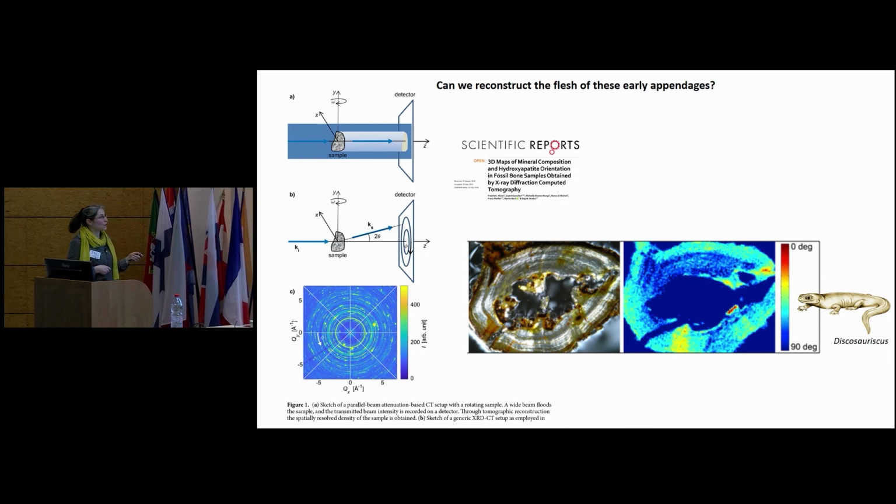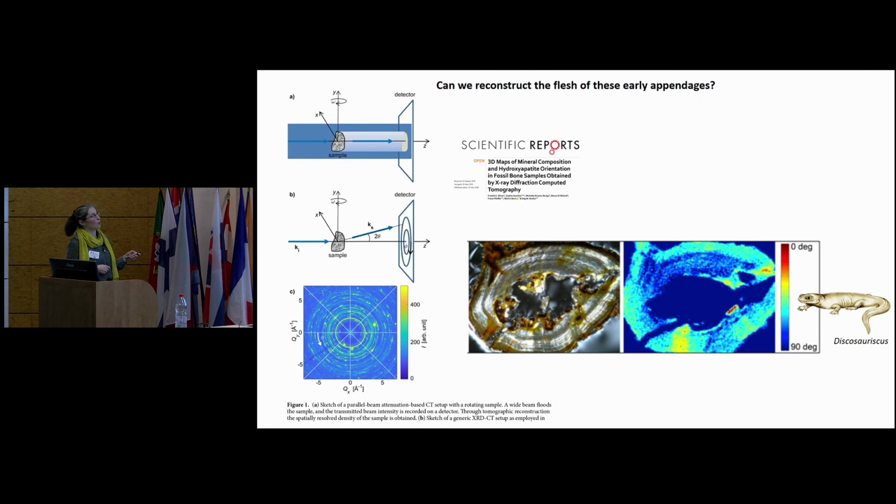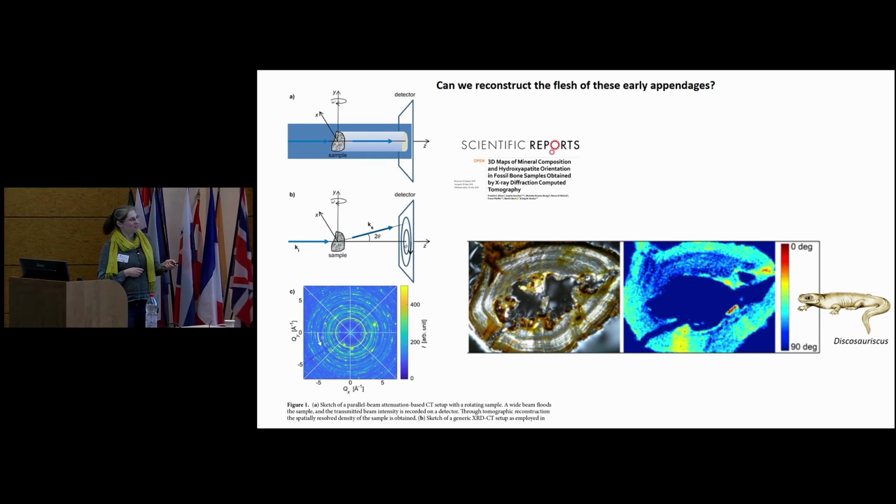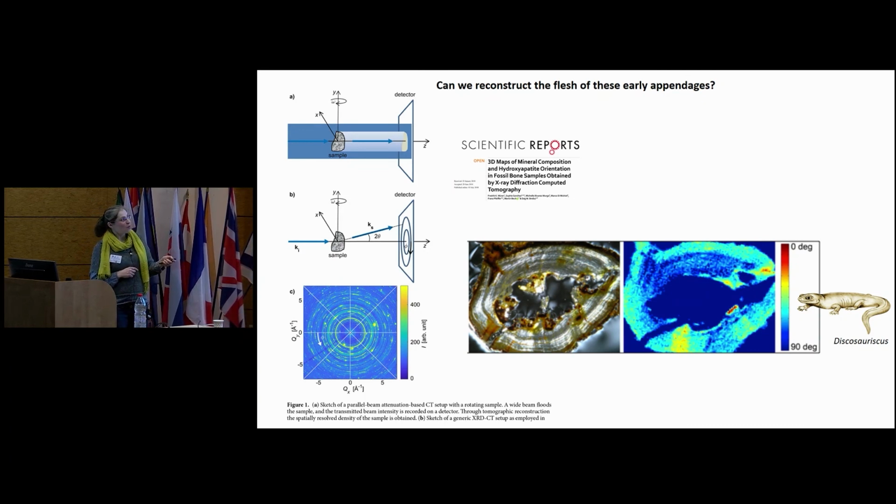So the idea is that you will get the angle for the apatite crystal, and then you will, on the map, be able to identify it, although it's pretty difficult. And thanks to the magic of the physicists, we were able to have a mapping of the orientation of the crystals on this 300 million years old salamander here.